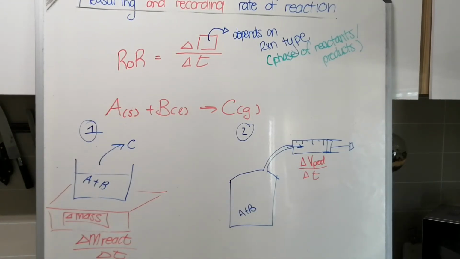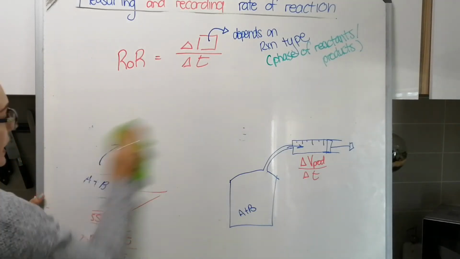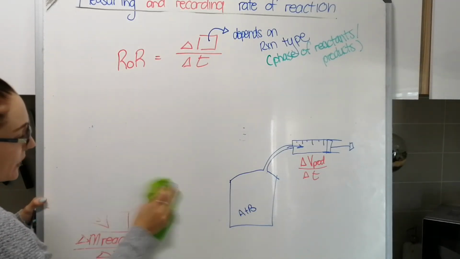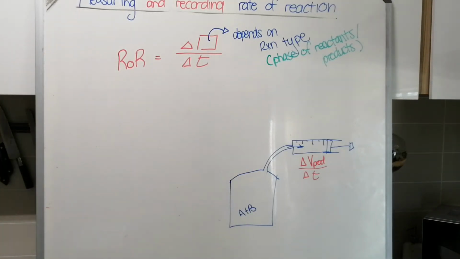So the first type of reaction that we're going to look at is the gas producing reaction, and that is actually what I was just talking about. With gas producing reactions, these are basically just any reaction that produces a gas. So for example, metals and acids.